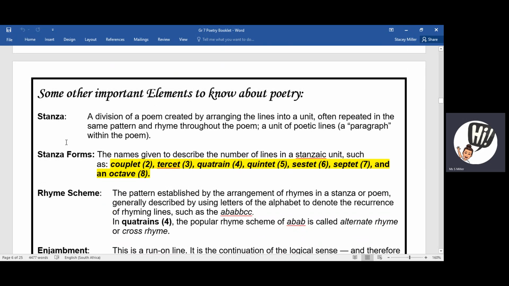We discussed this before. In your exam, I will not say go and look at paragraph 2 of the poem. I will say what? Stanza. So in poetry, the paragraphs are called stanzas. And in music, they are called what? Yes, you are listening. Highlight stanza and highlight the division of a poem.